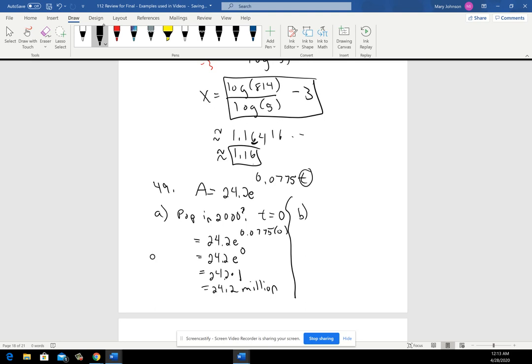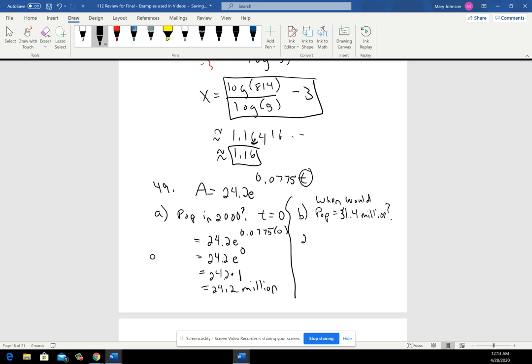It said, in what year will the population reach 31.4 million? Okay, and the question was, when would the population reach 31.4 million?